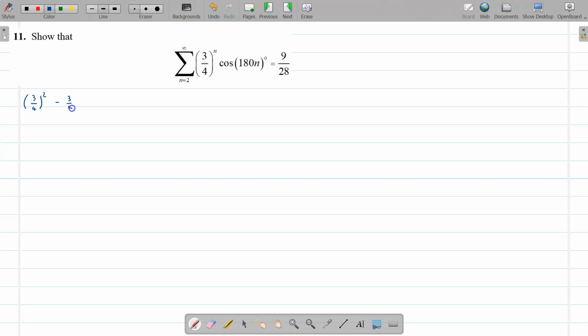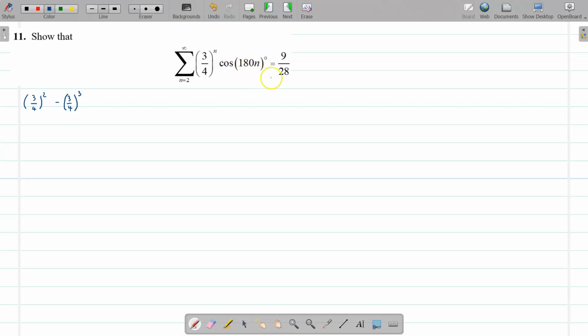Now the reason it's minus is because the cos 180n will switch between minus and plus. If you think of the cos of 180 times 2, that's the cos of 360, you see, which is plus 1. It's the same as the cos of 0. But when n is 3, it's going to be the cos of 540, which is going to be negative 1, you see.